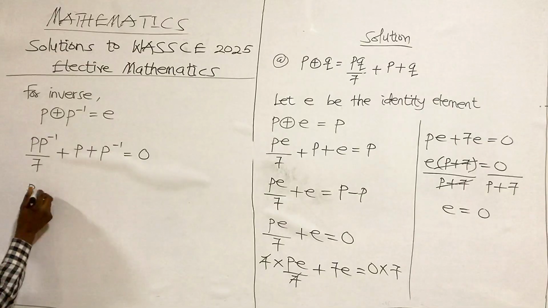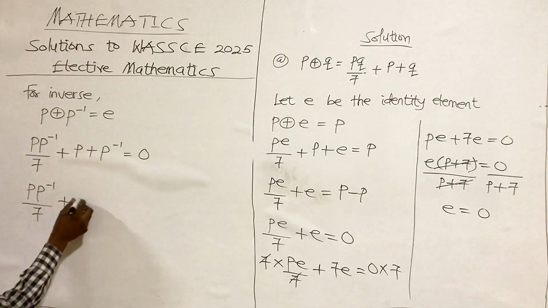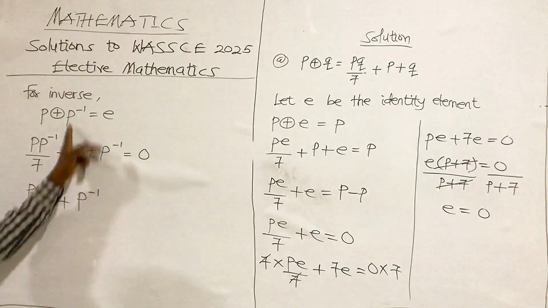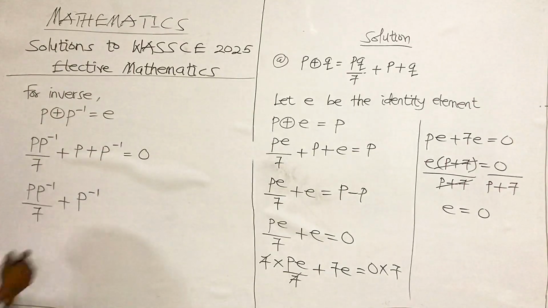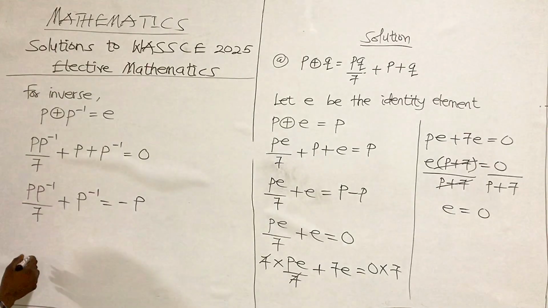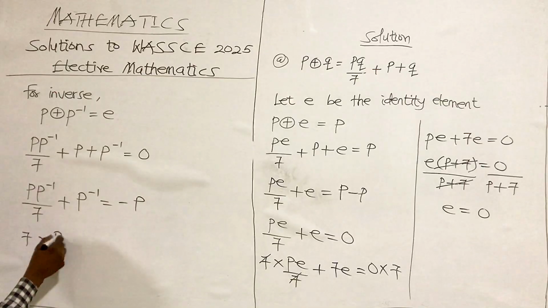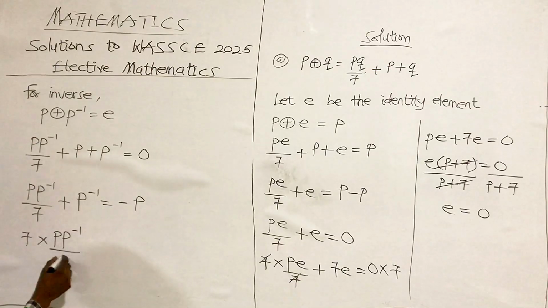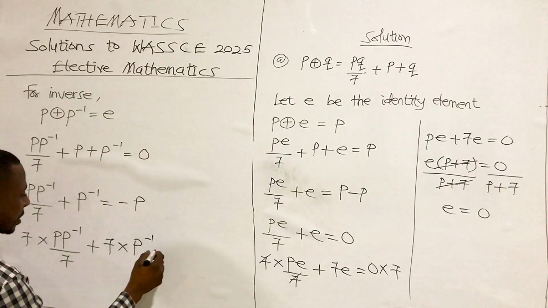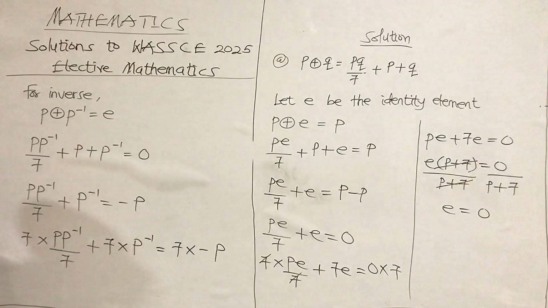So we have P inverse over 7 plus P inverse. Now when I bring this P to the other side, it becomes negative. So we are going to have 7 times P inverse over 7 plus 7 times P inverse is equal to 7 times minus P.